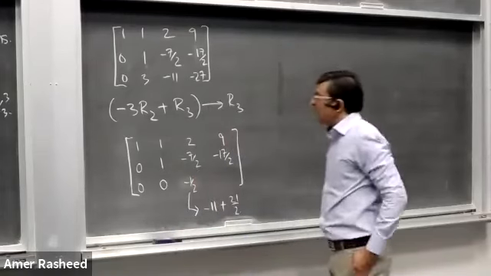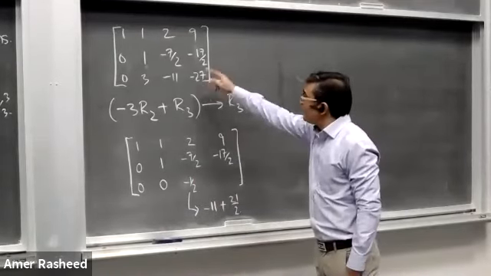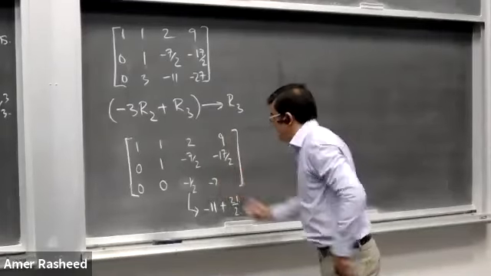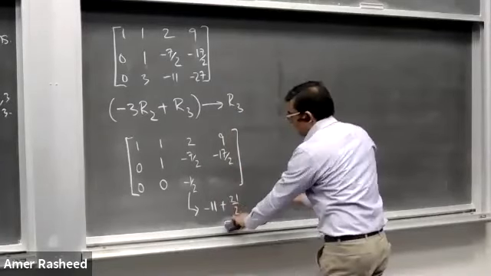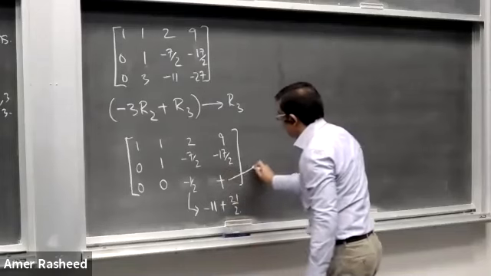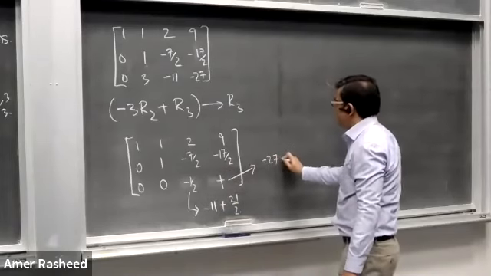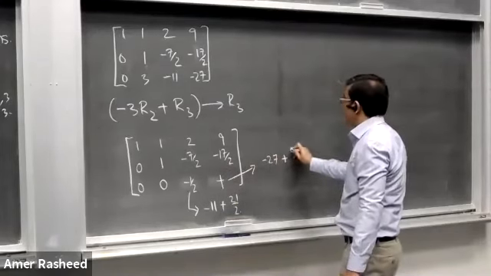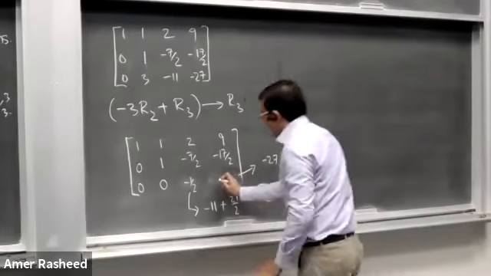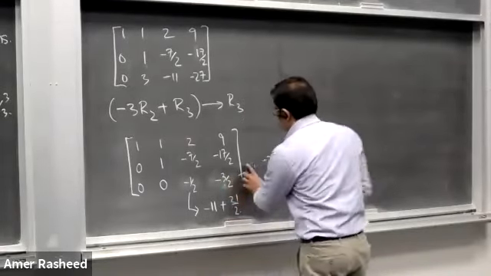Okay? And the last entry will be -27. यहाँ पे ये वाली entry जो होगी, ये क्या होगी? -27 plus 51 by 2. ठीक है? So ये -3/2 आ जाएगा यहाँ पे. So you get -3 by 2.